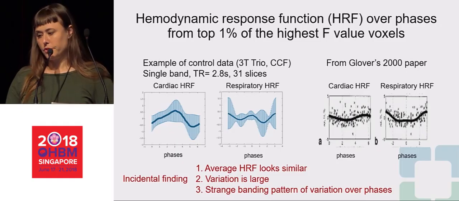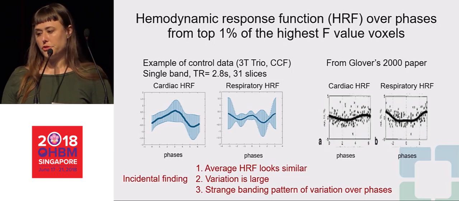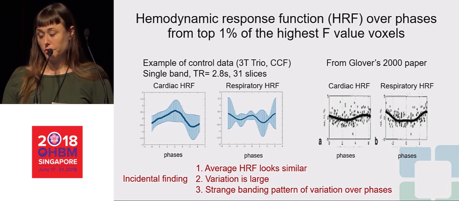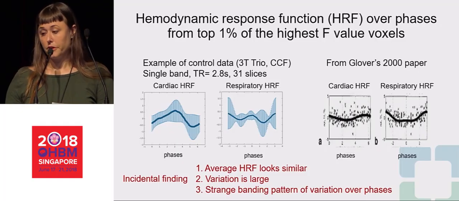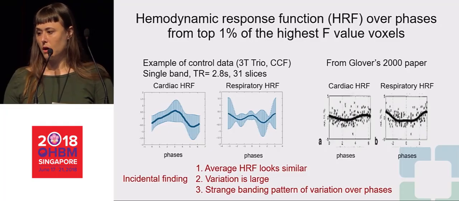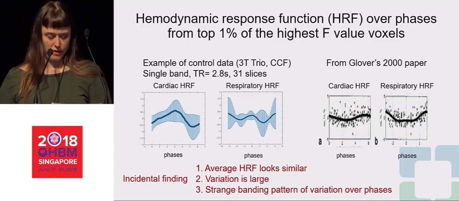First you can see that the average HRF looks really similar to what Glover originally found, so that's encouraging. The variation is pretty large, and we noticed this kind of unusual banding pattern over the phases as far as the standard deviation is concerned.